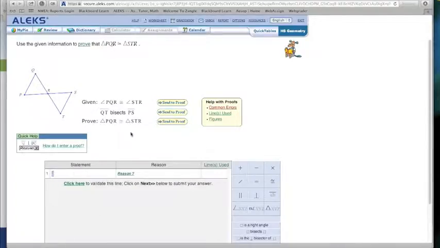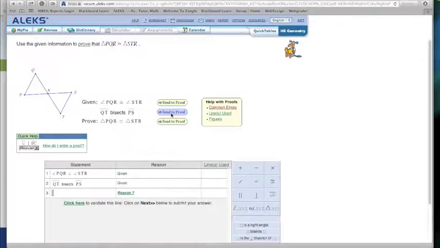The first step in any proof is to state the given information, so I'm going to go ahead and paste that into the proof. And then let's address this information first. We have QT bisects PS, which means this segment cuts PS into two equal parts. So if PS has been cut into two equal parts, then we can say this long thing has this short part and this short part that are congruent.